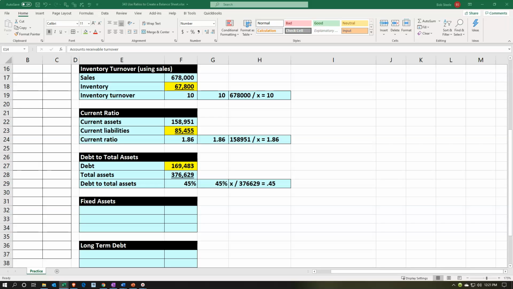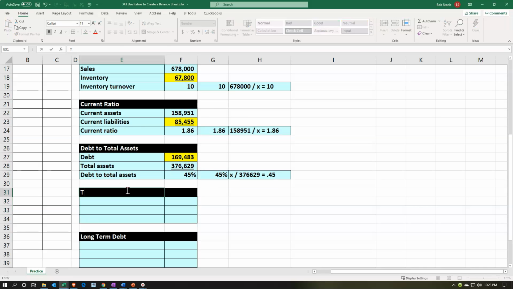We're going to say, all right, I started to construct the balance sheet, and let's do a little calculation for total assets, and we'll back into the fixed assets. Total assets is composed of current assets and then the fixed assets.